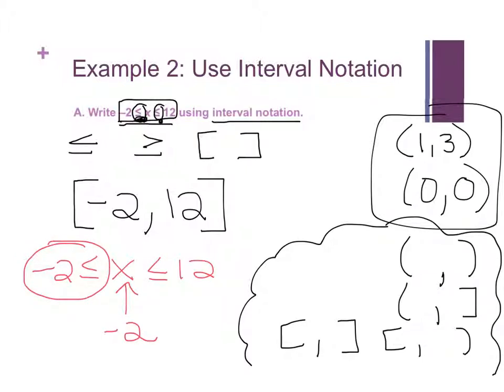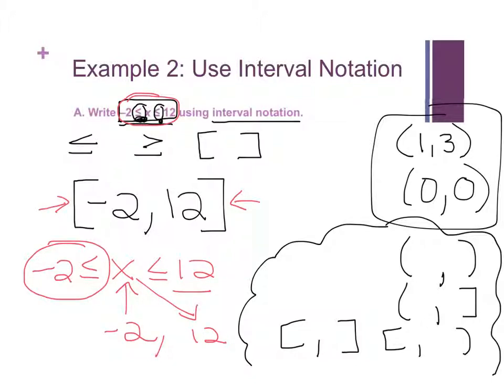Now similarly, I could also put a positive 12 in for x, and 12 would be less than or equal to 12. So the reason for using the brackets here is because -2 and positive 12 are both included in the interval provided by this inequality.